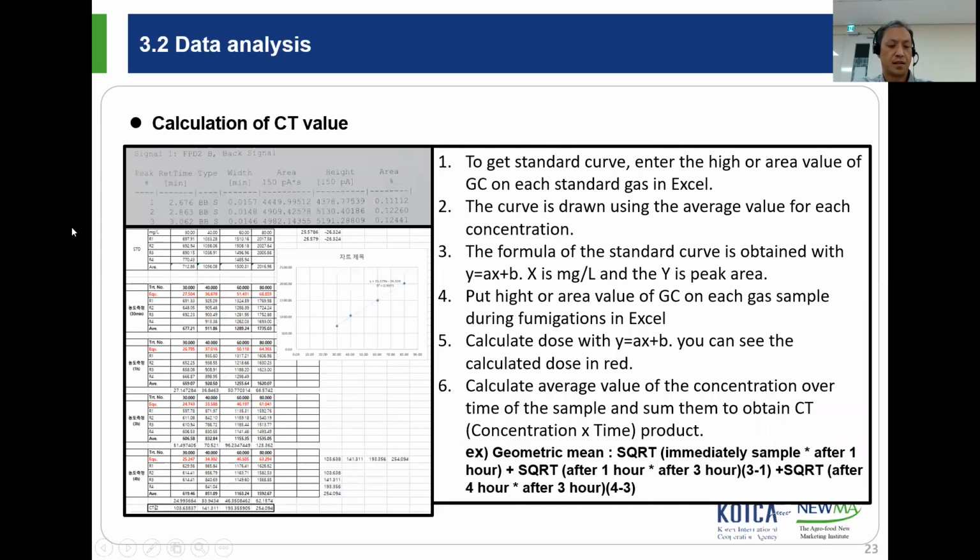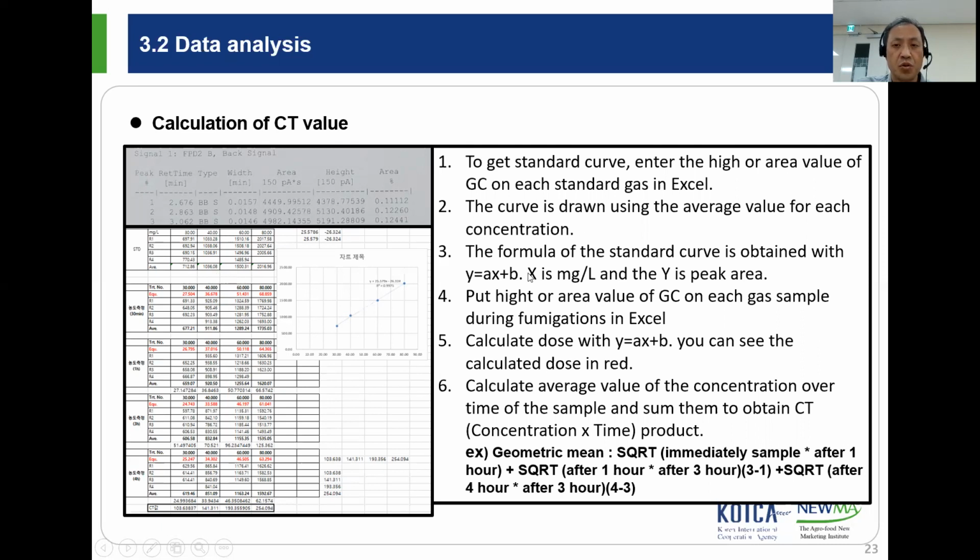This is the data analysis procedure. To get the standard curve, enter the height or average value of GC on each standard gas in Excel. This one is the standard, this is the dose, and this is the area, and then you calculate the average area value.